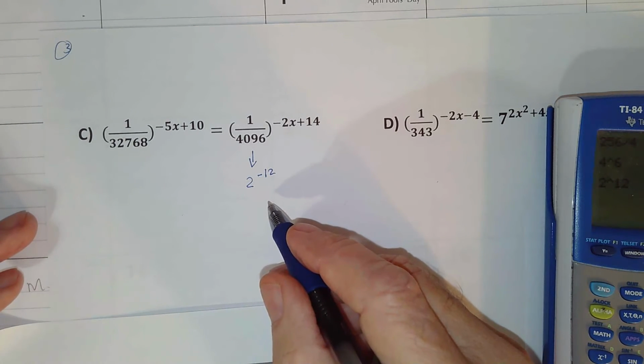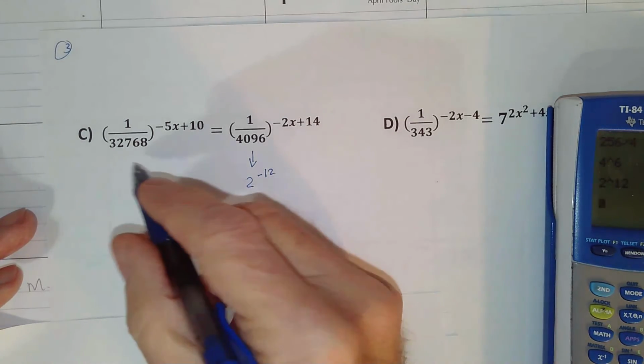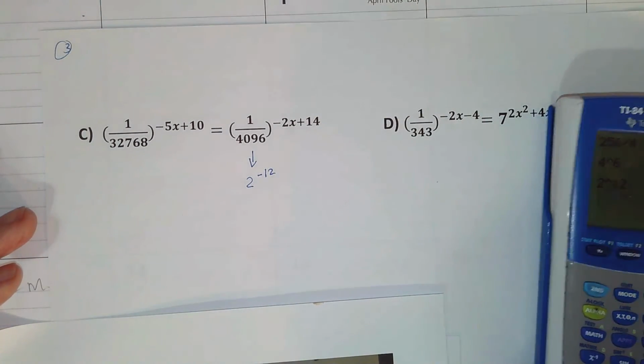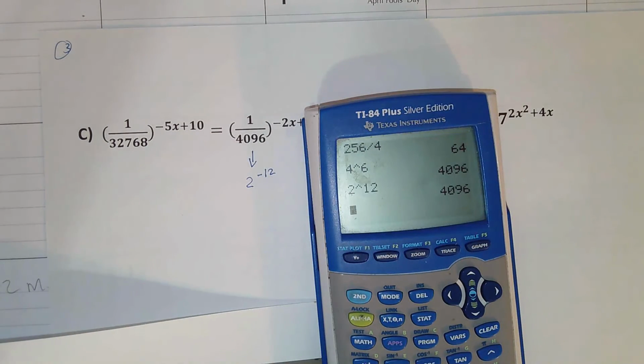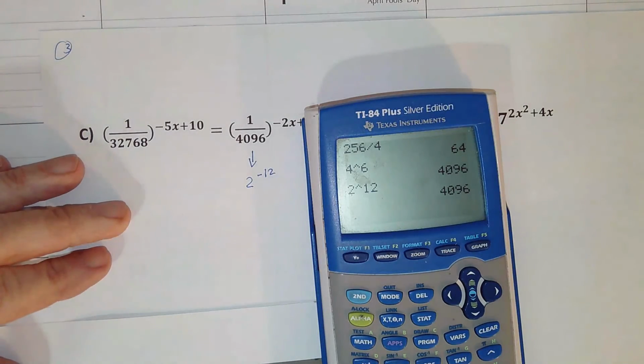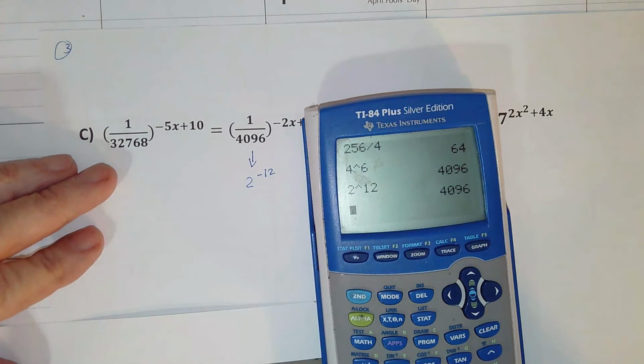And then let's see if we can divide 32,768. What would that be? Well, we're at 2 to the negative 12, and it's 4096. So let's see if we can get up to this.